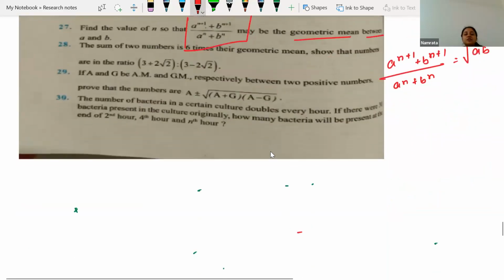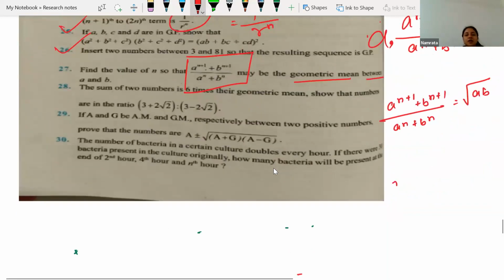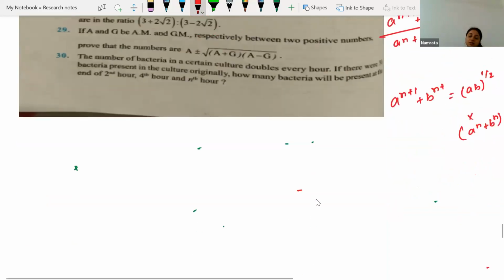Now we have to solve it for finding the value of n. We have a to the power n plus 1 plus b to the power n plus 1 equals root ab, which I can write as ab to the power 1 by 2, and crisscross multiplication a to the power n plus b to the power n. The calculation will be a bit longer, but hopefully we will get the value of n.